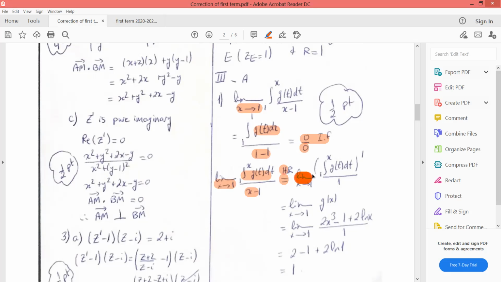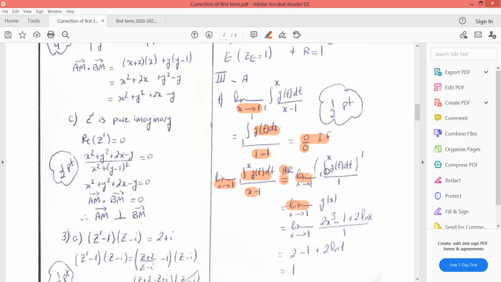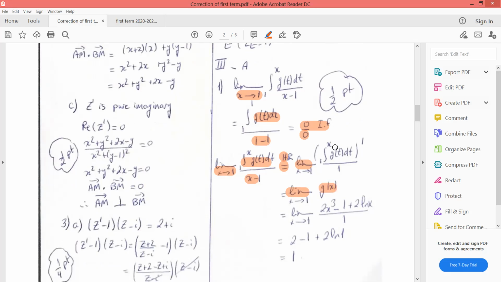It will be the limit as x tends to 1 of the derivative of the numerator over the derivative of x minus 1, which is 1. Derivative of the integral, they cancel each other, remains g of x, replacing t by x.